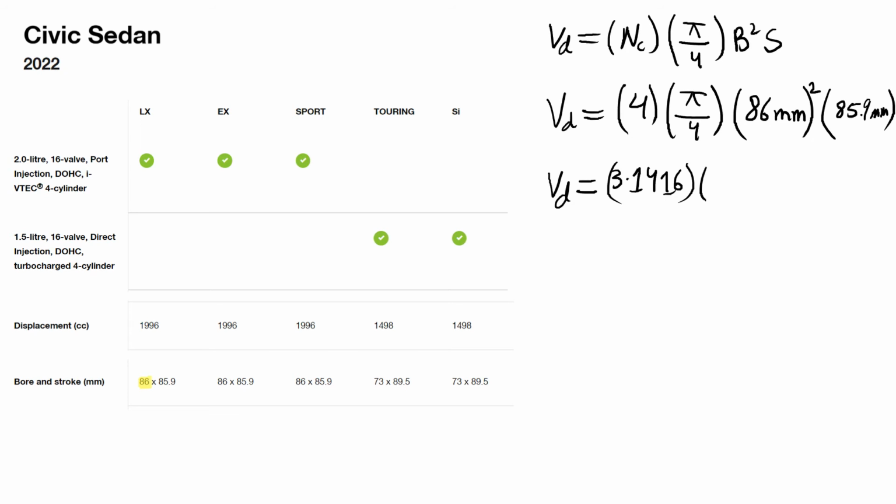Next, 86 squared. So that will be 7396 millimeters squared. Not millimeters anymore. This is millimeters squared. And 85.9 millimeters, we'll just write it as is.